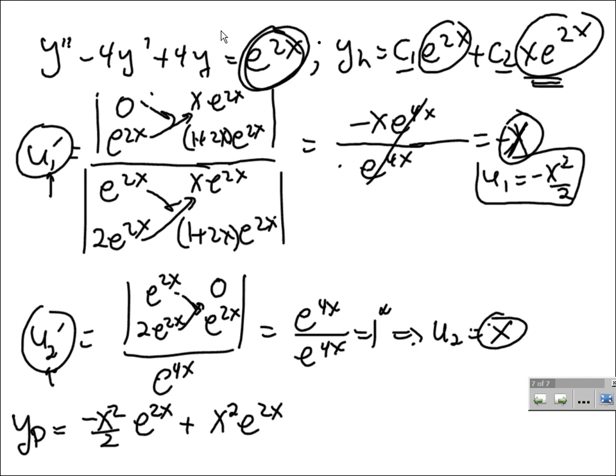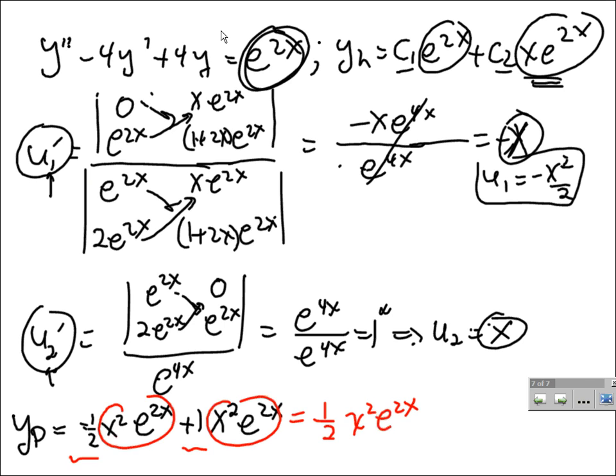Now, let's look at the negative x squared over 2 as negative a half x squared. And this is 1 x squared e to the 2x. I'm adding the same things. First I have negative a half, and then I add 1. Negative a half plus 1, which is the same as 1 minus a half, is a half. I have a half x squared e to the 2x. That is y sub p.